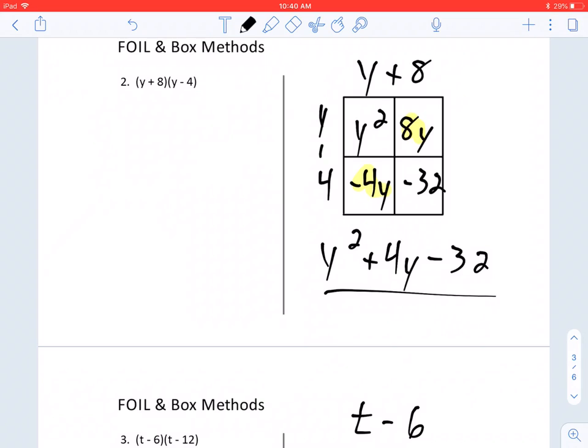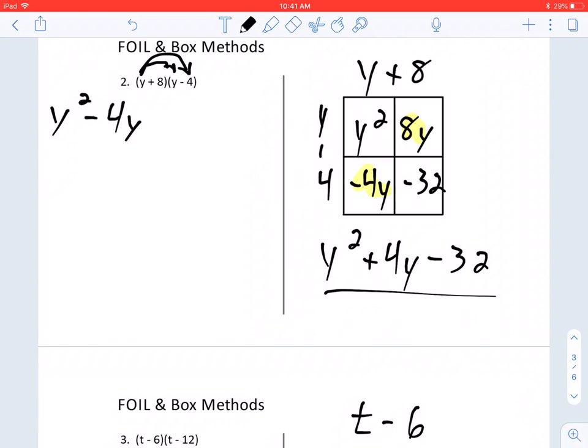Next one, FOIL, once again. So first term, this y is going to go to this y, and then it's going to go to that negative 4. So y times y becomes y squared, and then y times negative 4 is negative 4y.